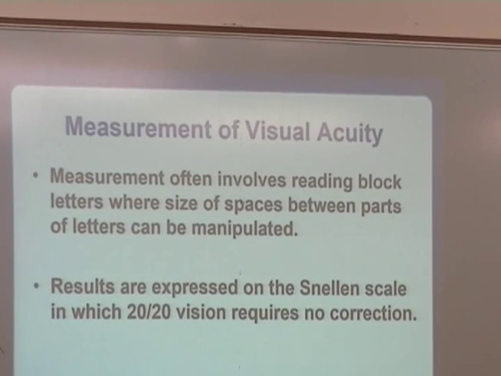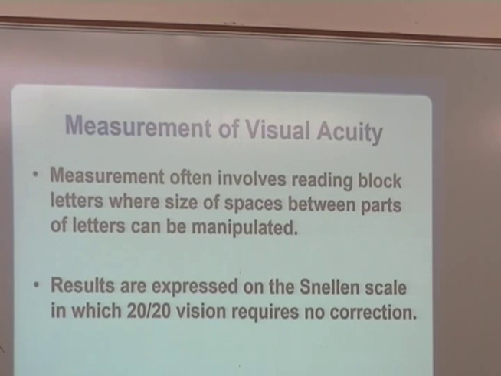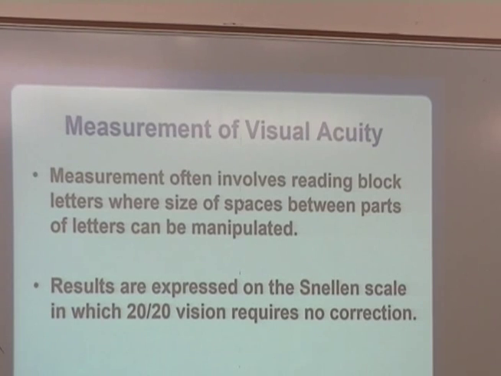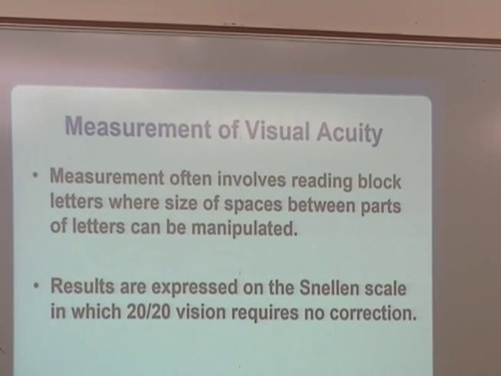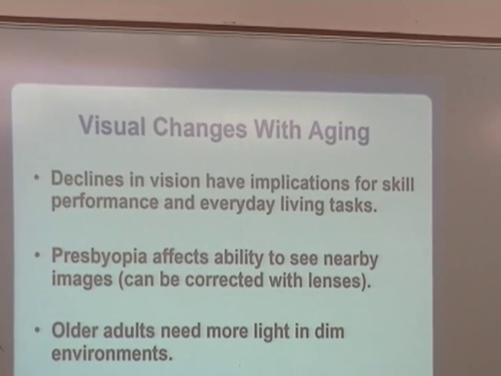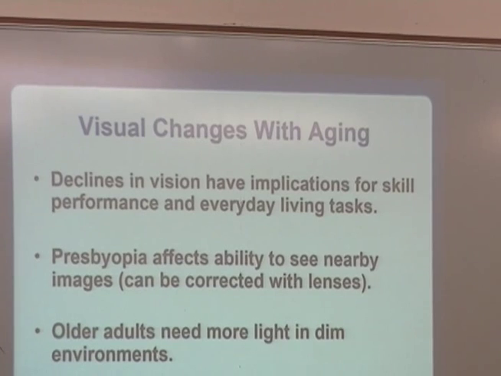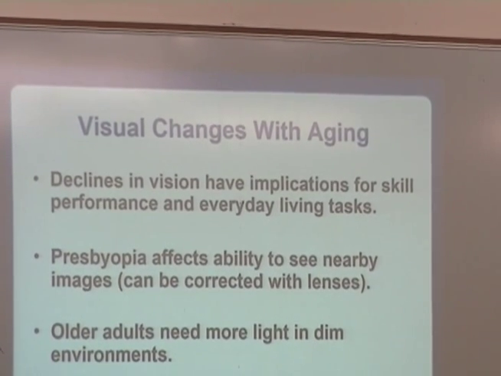So, how do we measure? Most of us have had eye tests. You know, now they've got all kinds of clever equipment as well. But 20/20 is really good vision. Babies see about a fifth of that, right?